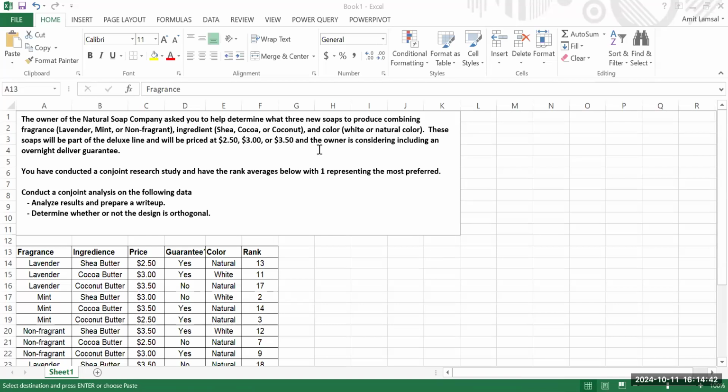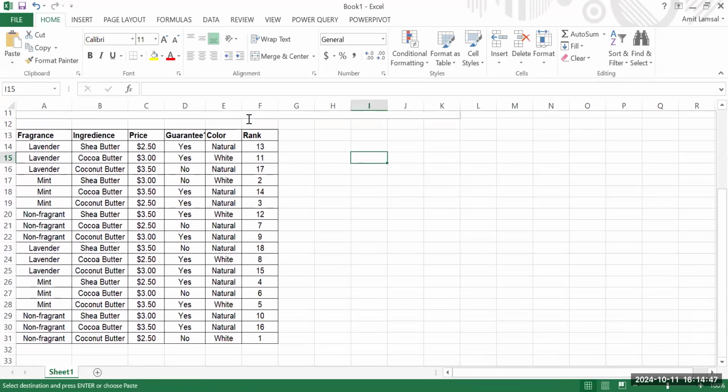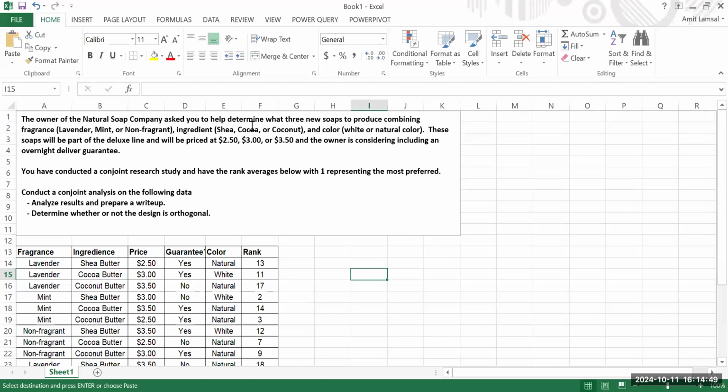Okay. So here you can see in an Excel book, there is a problem that needs to be done with the conjoint analysis. In this problem, it is given that the owner of a natural soap company has asked you to help determine which three new soaps to produce, combining fragrance, which contains attributes such as lavender, mint, and non-fragrant, and ingredients that contain attributes such as shea butter, cocoa butter, and coconut butter, and the color that has two attributes, white or natural color.